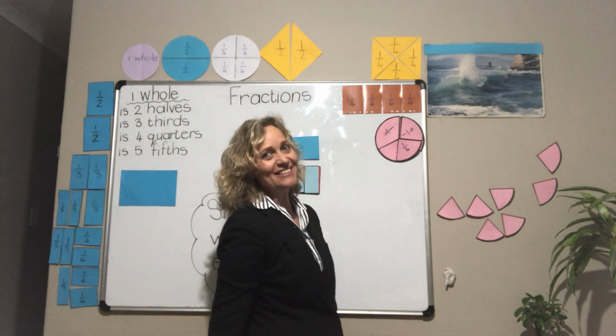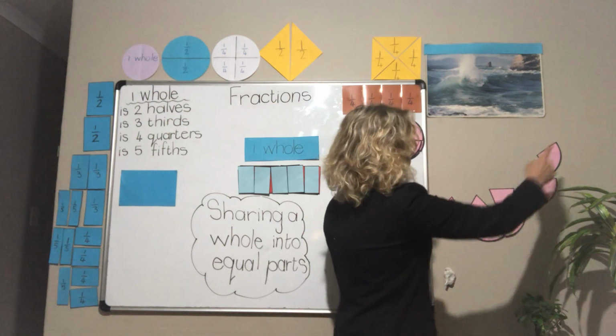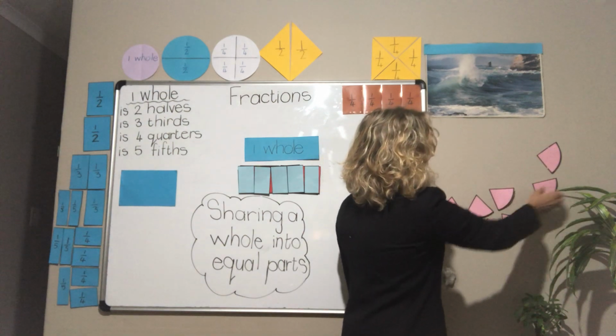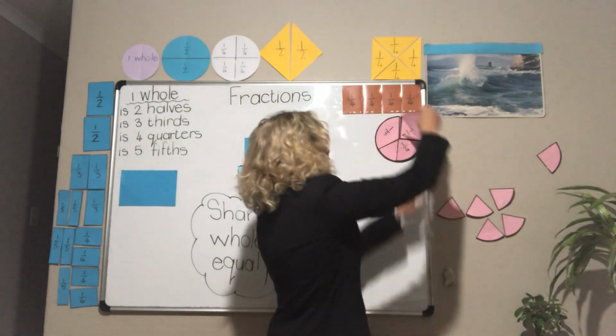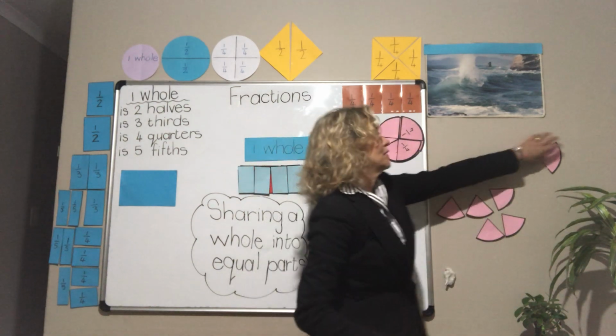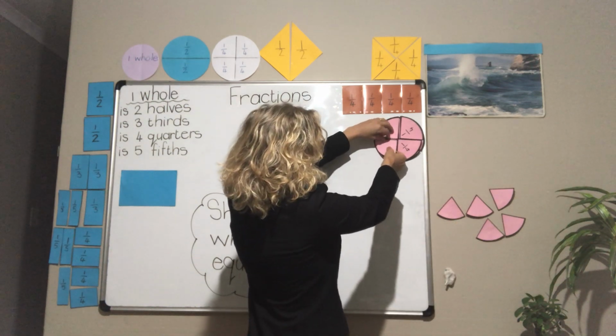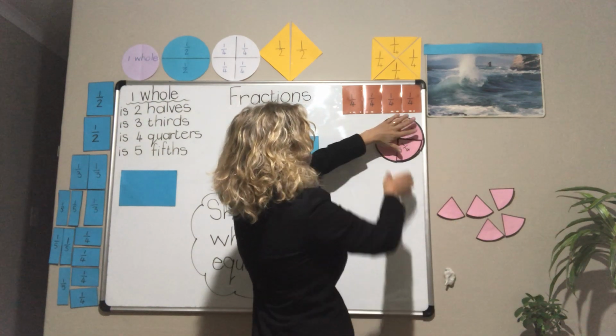You got that right. Into 4 equal parts. So we've got 1, 2, and there's another quarter, 3, and another quarter, 4 equal parts.